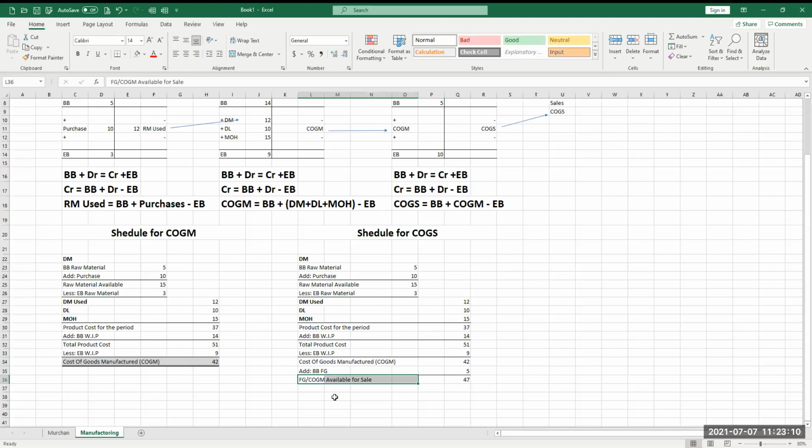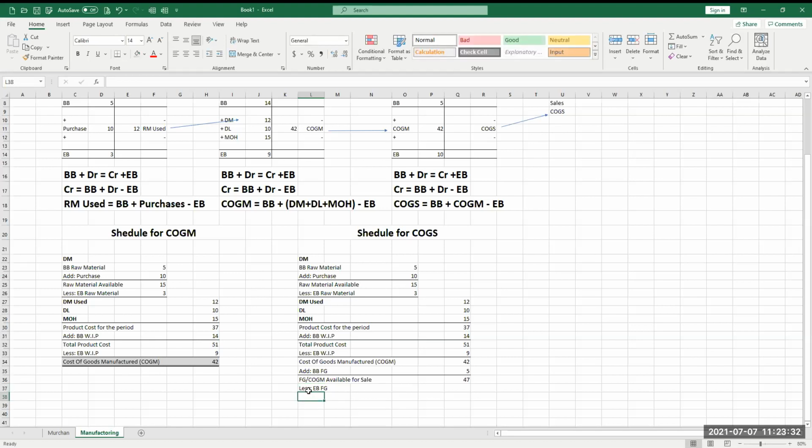And once we do that, what's left to get this number? I have to deduct the ending balance, less the ending balance of the finished goods account.